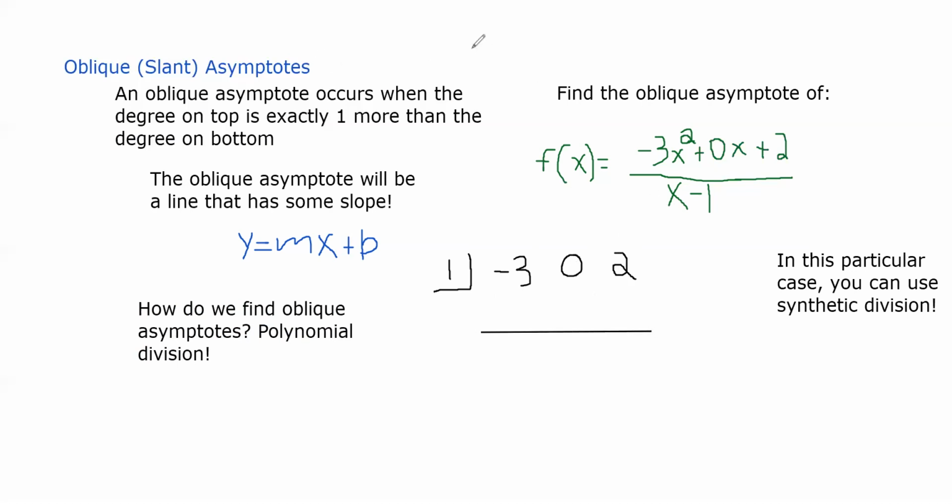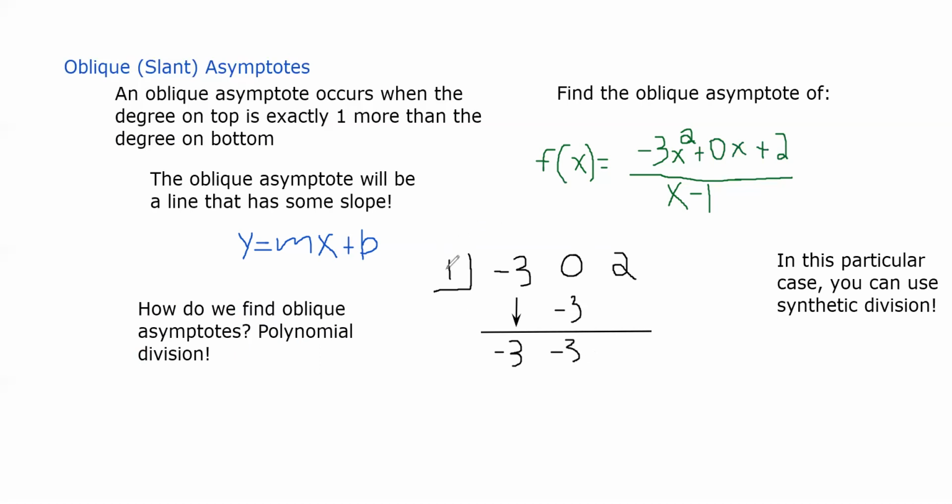Okay, so we're going to do the synthetic division. We're going to bring down the negative 3. We're going to do 1 times negative 3, which is negative 3. We're going to do 0 plus negative 3, which is still negative 3.